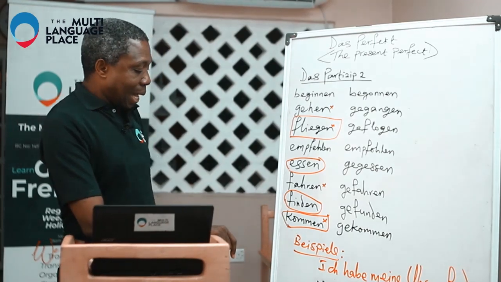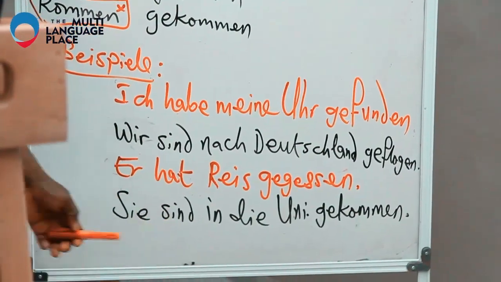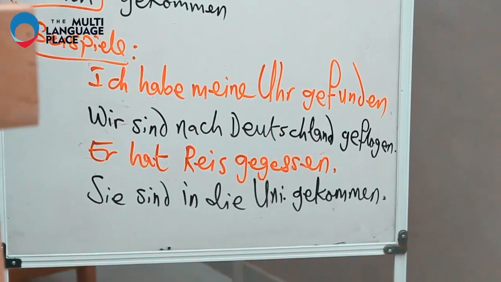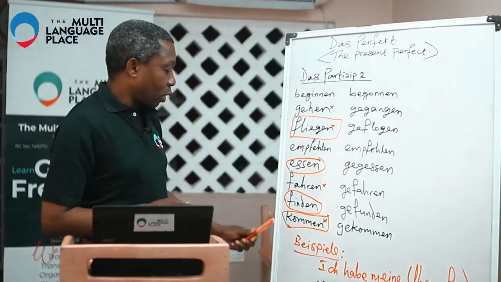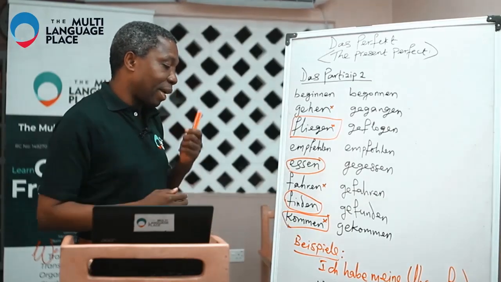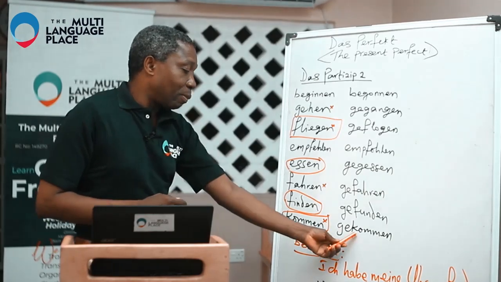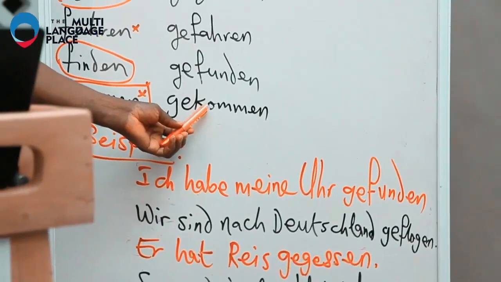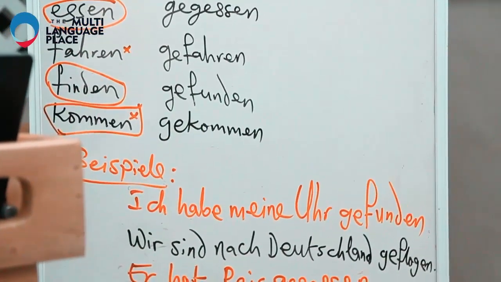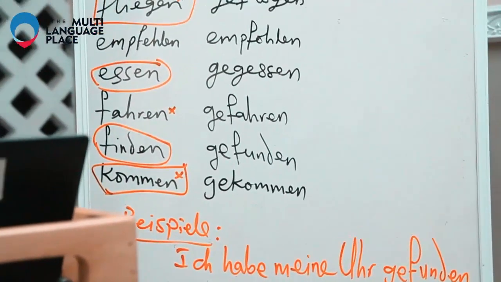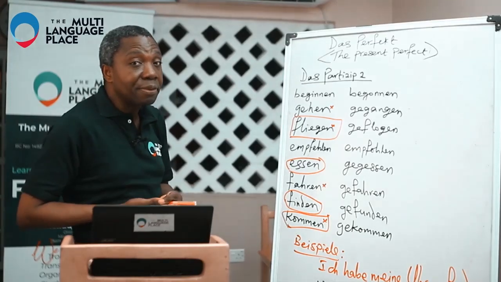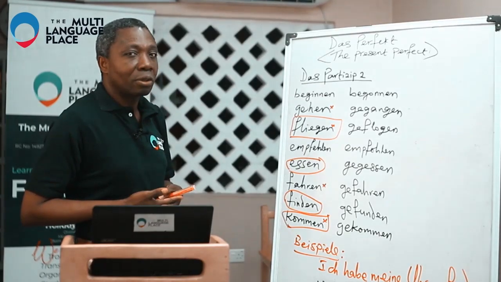The point is that sein is used simply because kommen is a verb of movement, and the past participle of kommen will be at the end of the sentence, and the helping verb will be at the second position.